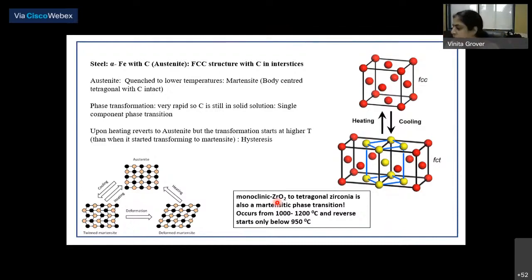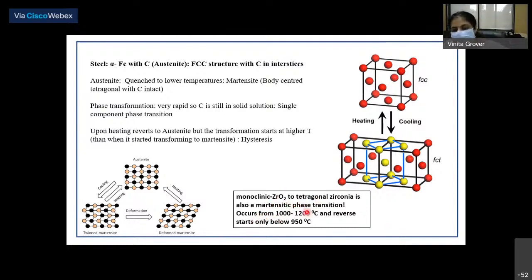But even if you don't substitute anything in it and you simply heat it, room temperature zirconia is monoclinic. At 1200, it becomes tetragonal. And at 2400, without any substitution, it becomes cubic on its own. So monoclinic to tetragonal is also a martensitic phase transition.